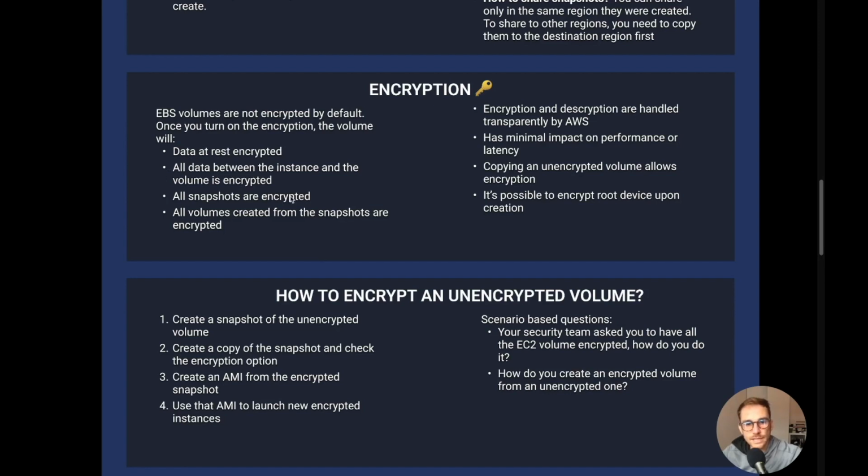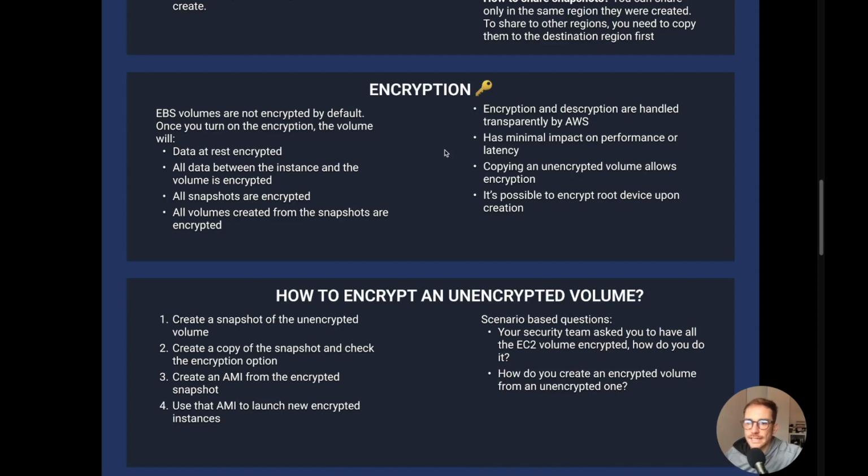All the snapshots, as we said, are encrypted. And all the volumes created from the snapshots are encrypted as well. Encryption and decryption, here there is a typo, just notice that, are handled transparently by AWS, meaning that you don't need to do anything. It's all handled under the hood by AWS for you. It has a minimal impact on performance or latency, so don't worry about that.